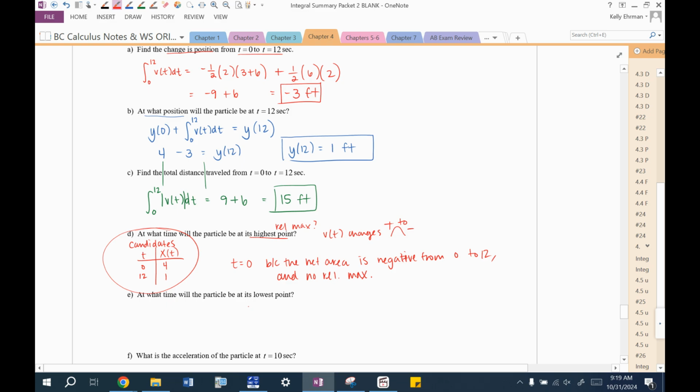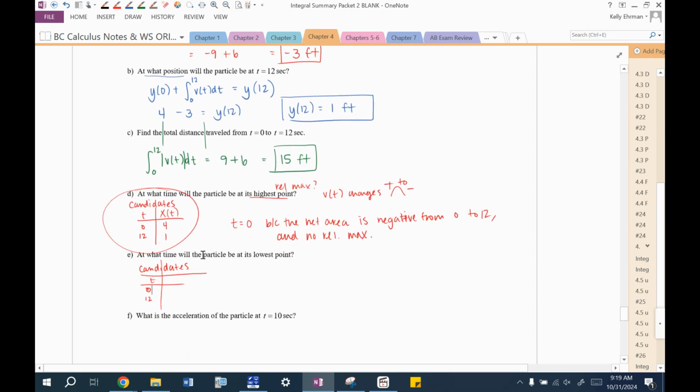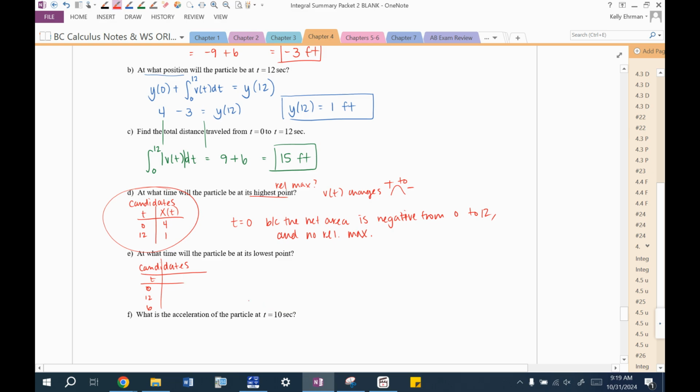At what time will the particle be at its lowest point? So the candidates here are not just the endpoints. The candidates are the endpoints 0 and 12, but also the relative min. There is a relative min at 6. So at 0, we're at 4. At 12, we're at 1. At 6, we're at 4 minus 9, so negative 5.